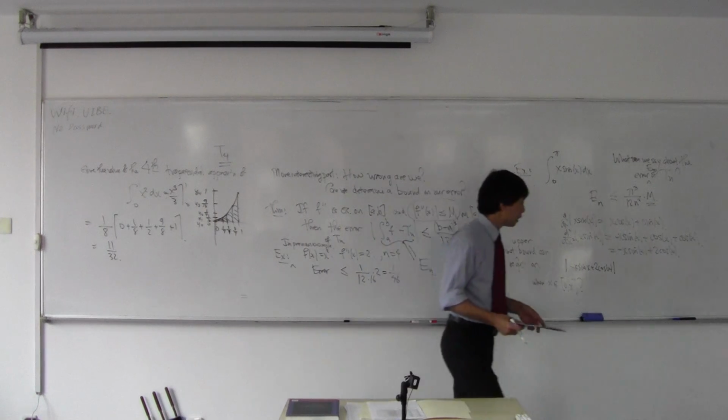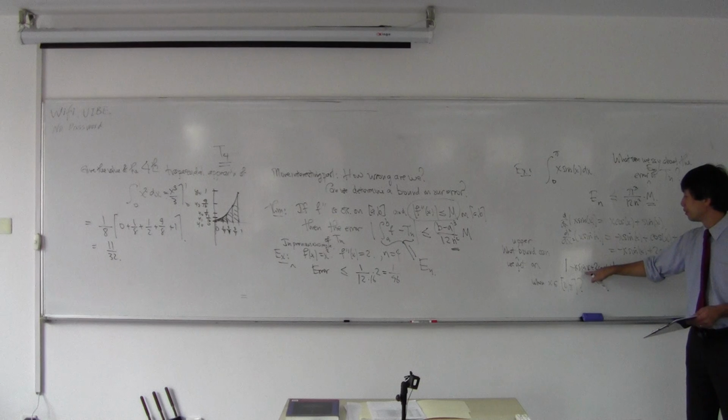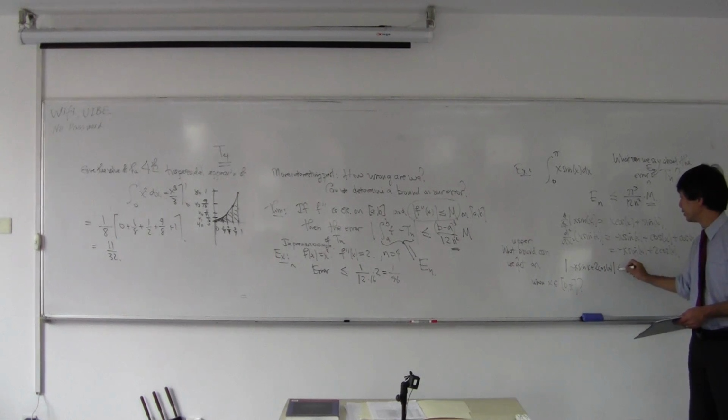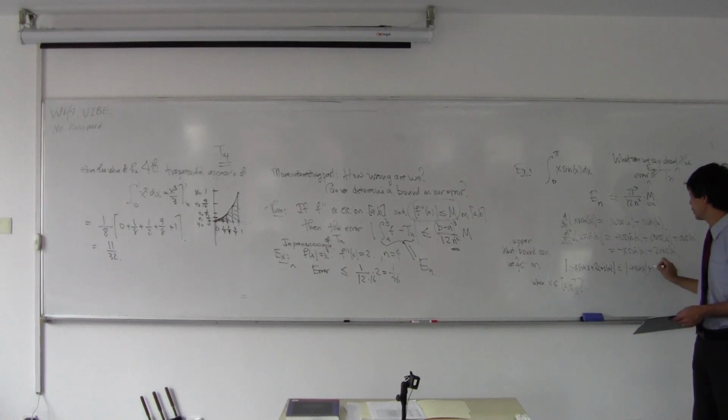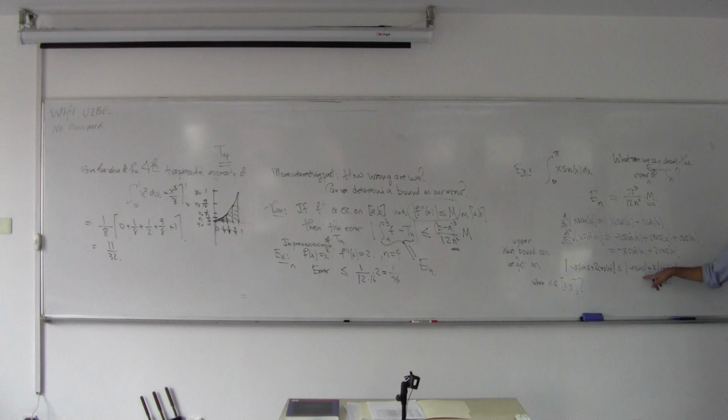I'll do it for you. I know that this is smaller than the absolute value of negative x sine x plus 2 times the absolute value of cosine, just by the triangle inequality.